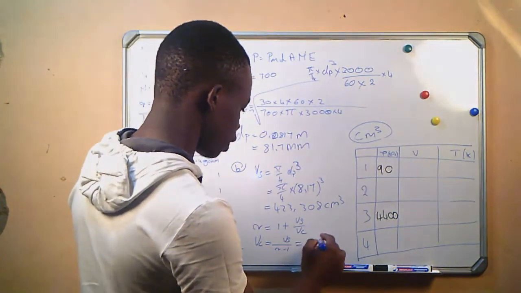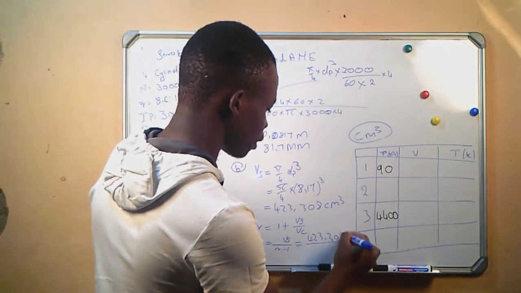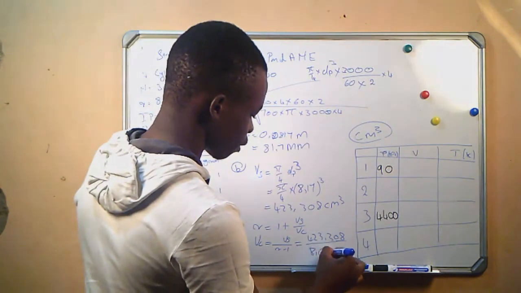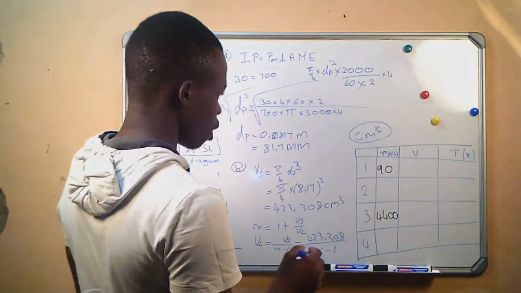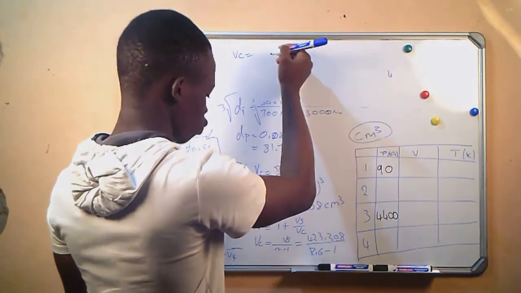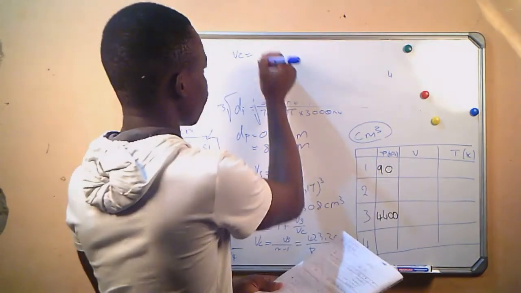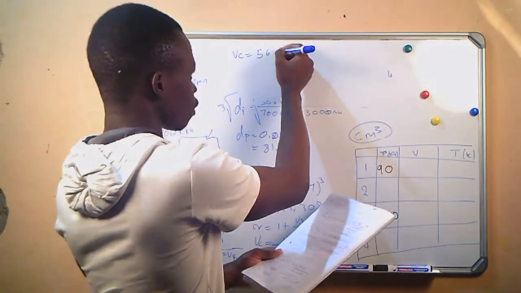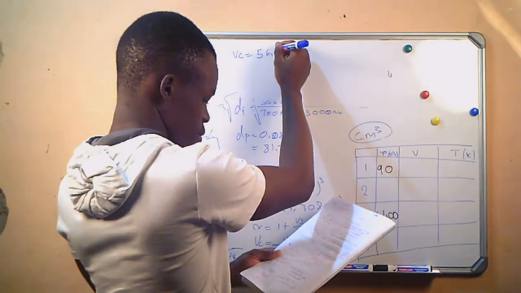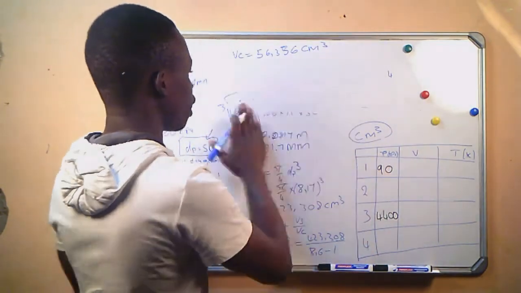And then we're going to get Vc is equal to 423.308 divided by the ratio, which is 8.6 minus 1. And we are going to get that our value for Vc is equal to 56.356 centimeter cubed.